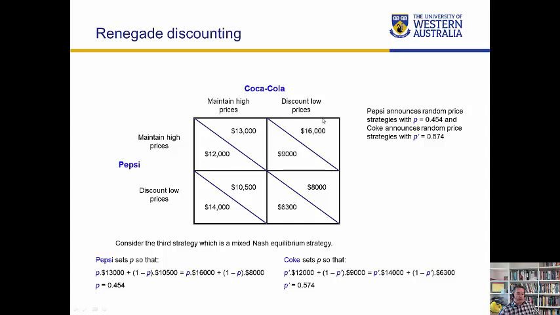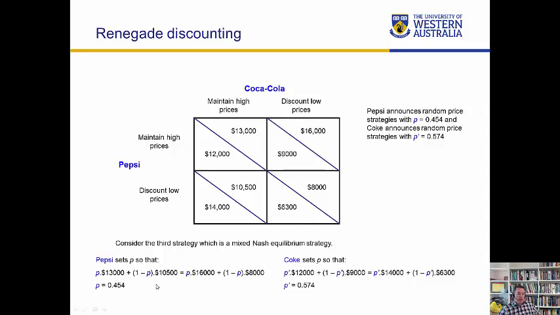Now, when Coke sets low prices, it will earn either 16,000 or 8,000. Once again, the right-hand side of this equation is the expected profit to Coke of setting low prices: 16,000 times P, the proportion of time Pepsi sets high prices, and 8,000 times 1 minus P, the percentage of time that Pepsi sets low prices.